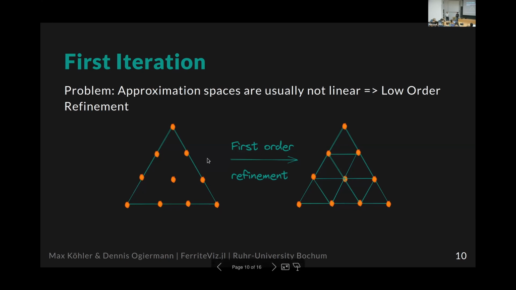In our framework, in the current version, we use the first order refinement. So we search a piecewise linear field for this triangle, and we just choose the nodes of the basis functions to coincide with our field.